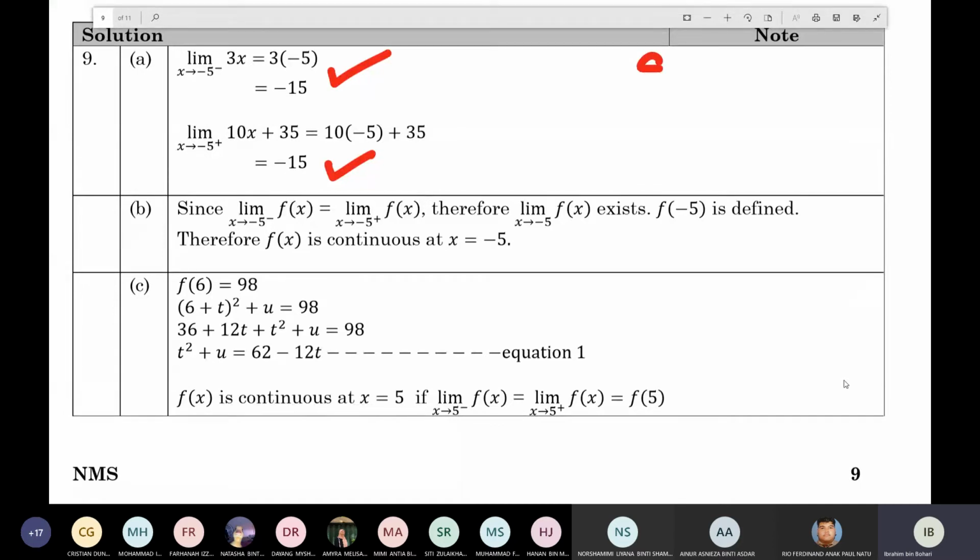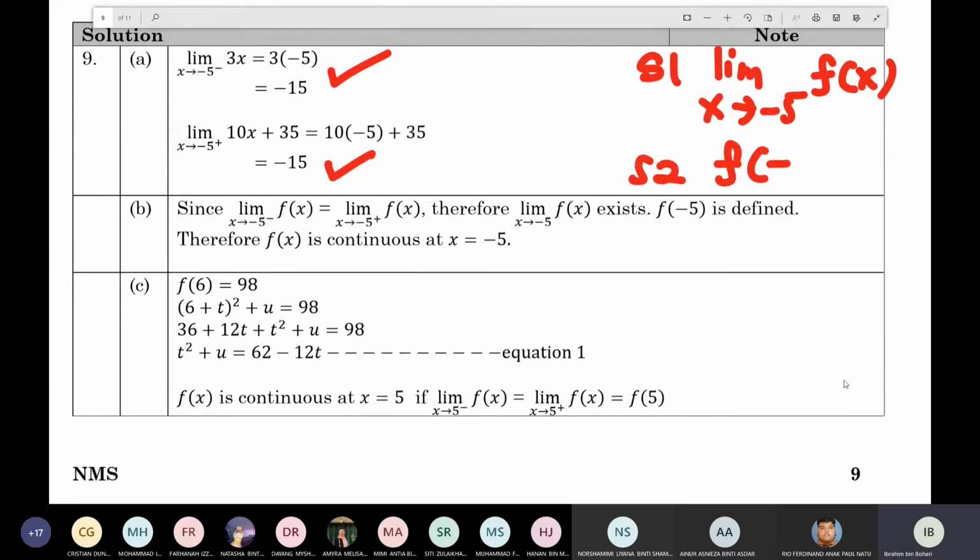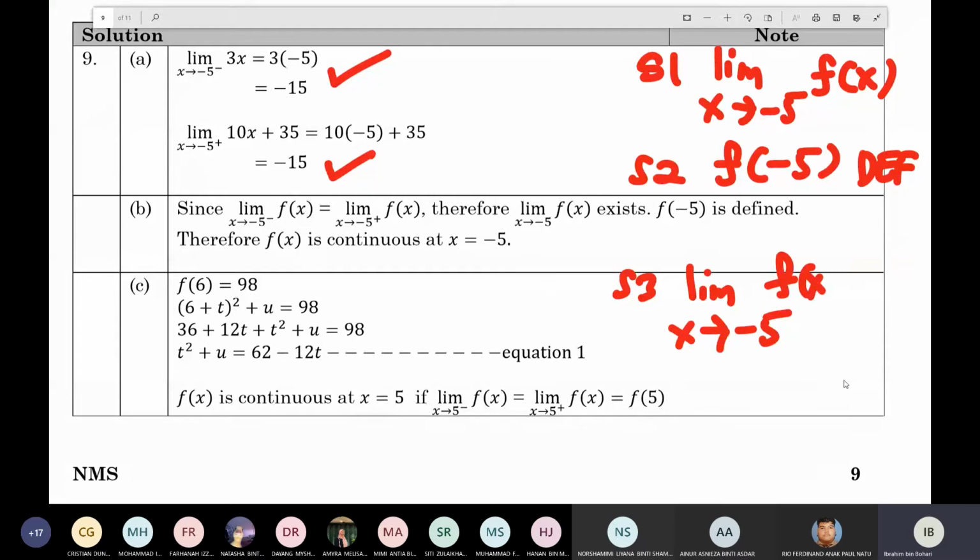Ini saya tunjukkan. Okay, you check the first step, existence of a limit.